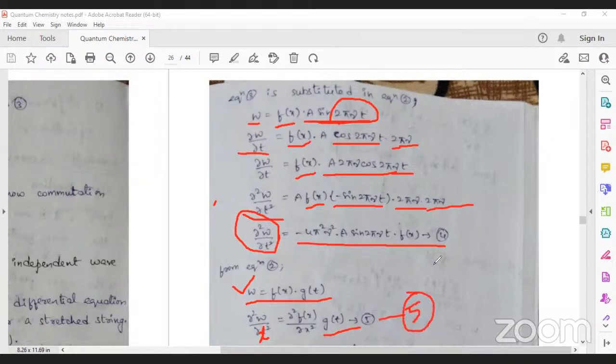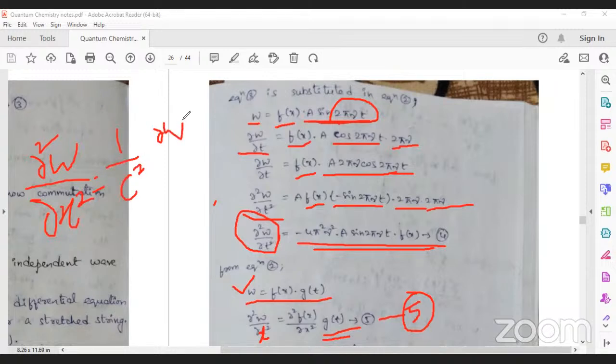Now these two equations, equation 4 and equation 5, are substituted in equation 1. What is equation 1? I will write here, just see. Dou square w by dou x square is equal to 1 by c square into dou square w by dou t square.